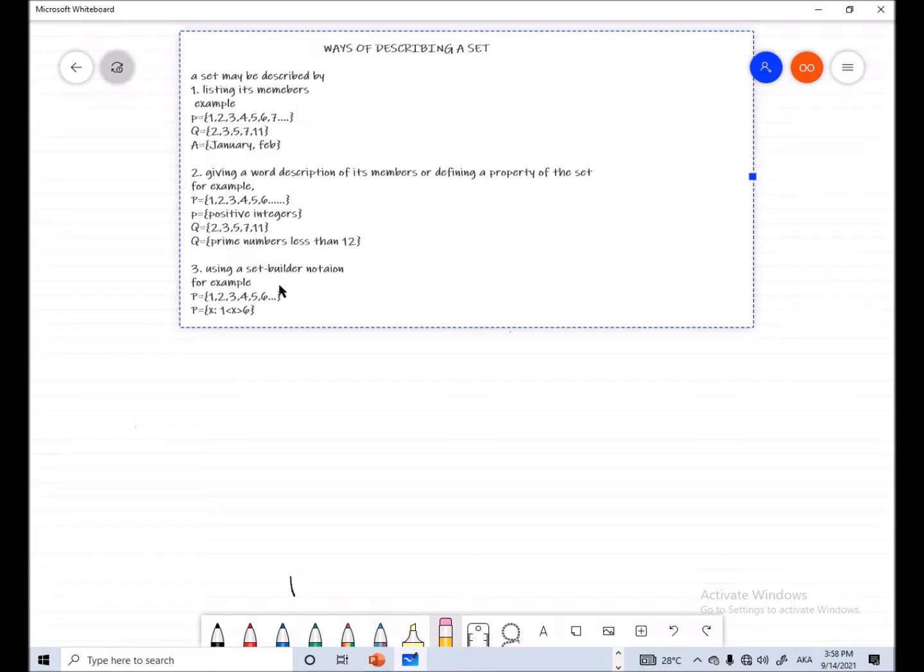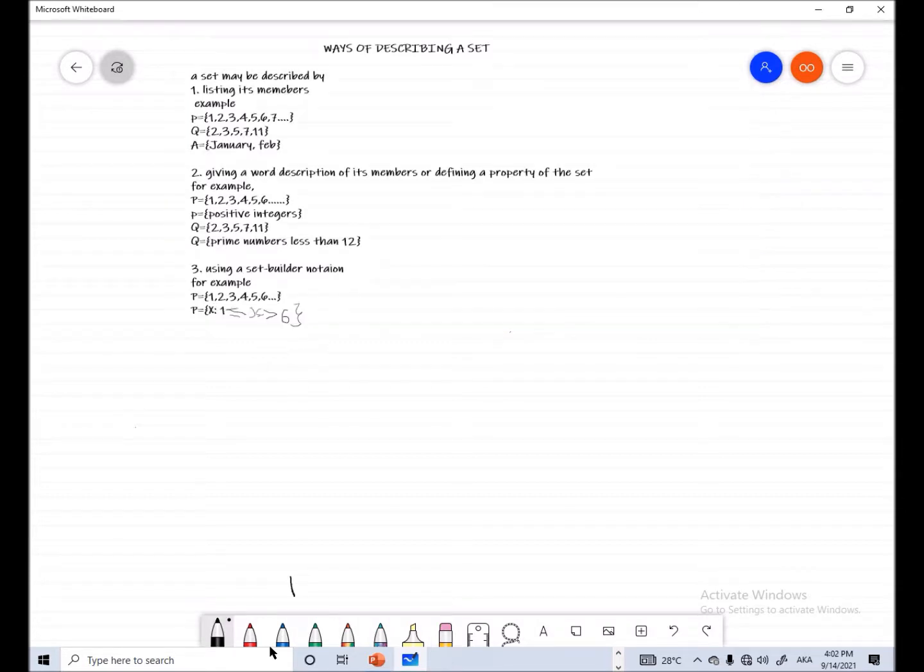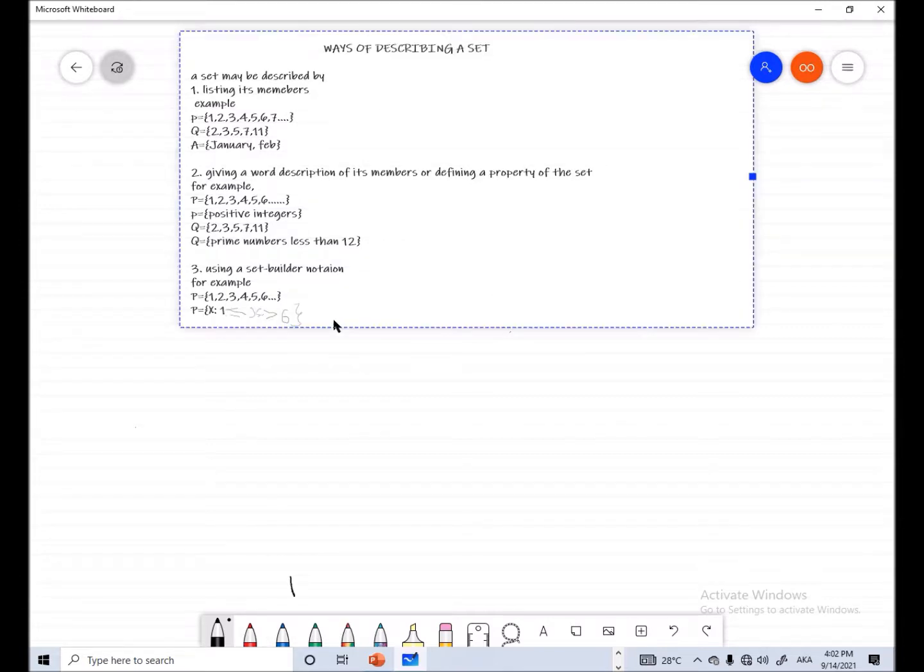So P equals x such that 1 is less than or equal to x, less than or equal to 6. It means that when we are listing the numbers, 1 is included. That's how we write it.